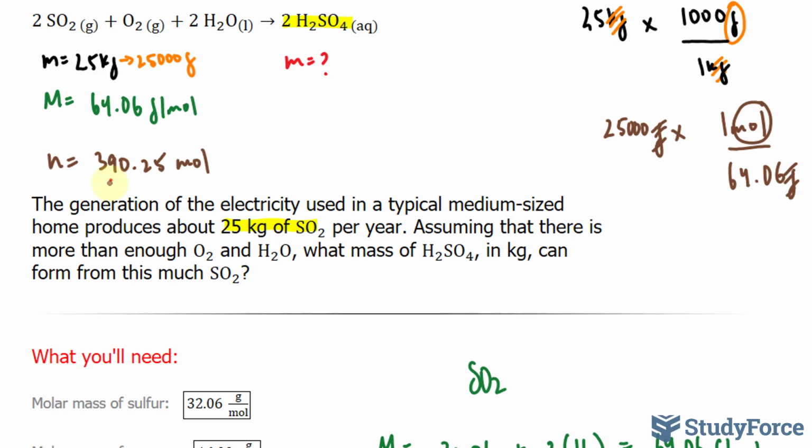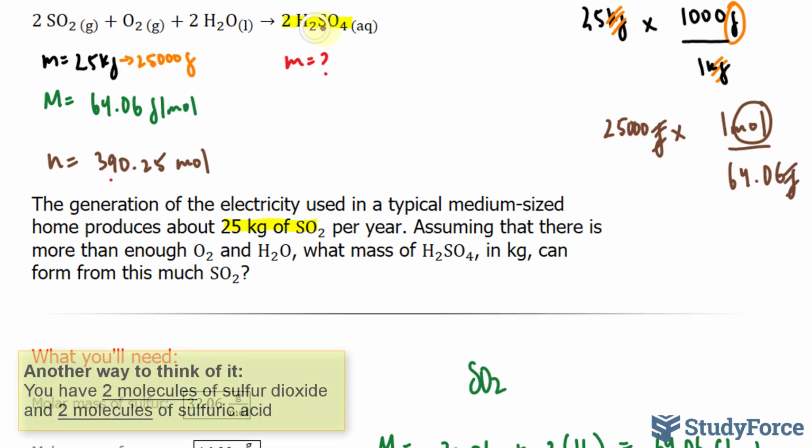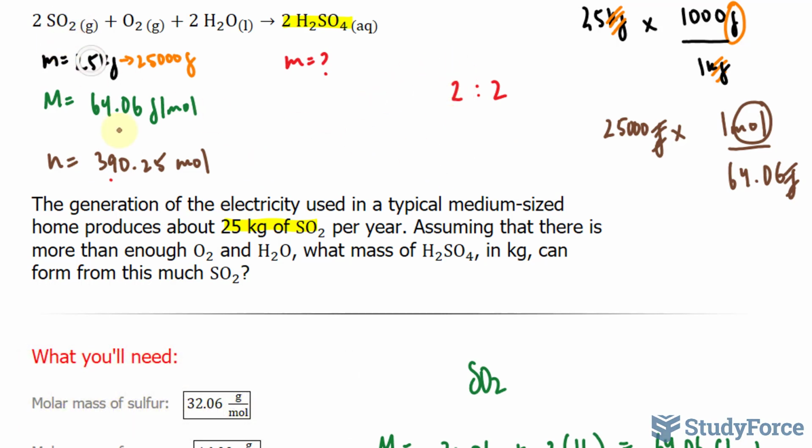So now we found the number of moles of sulfur dioxide. We need to find the equivalent number of moles of H2SO4. To do that, we use a simple ratio. We have 2 moles of SO2 and 2 moles of H2SO4. So I'll write that ratio down, 2 to 2. And I'll write down the number of moles right underneath this column, because this column represents SO2, and that's the moles, 390.25.